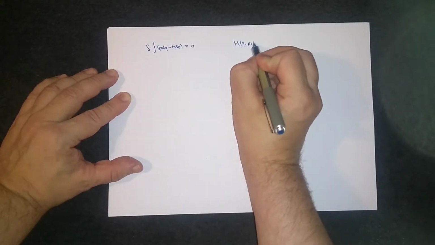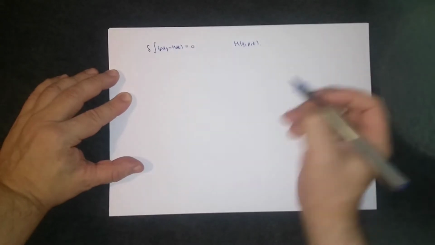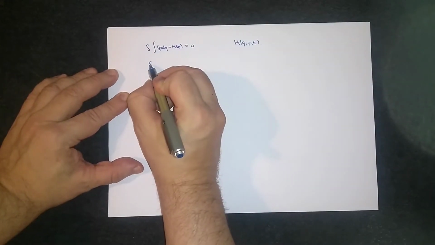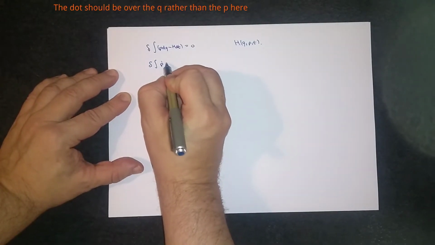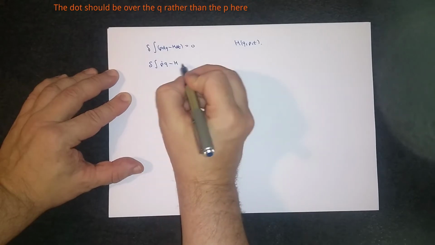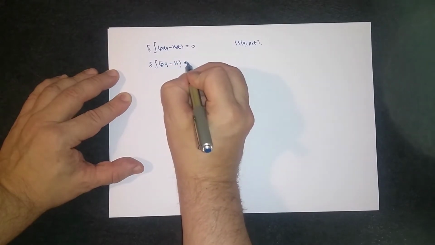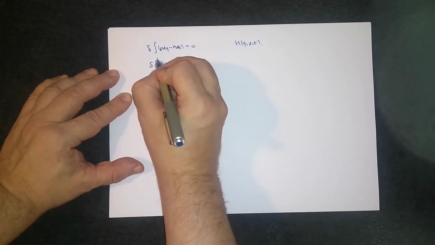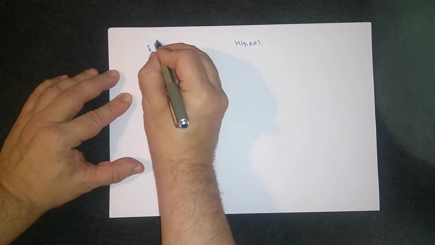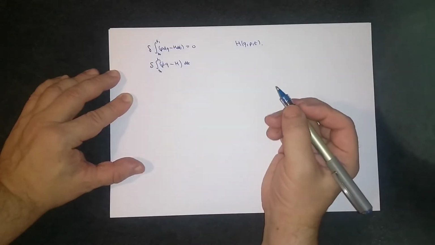q, p, and t. So to show this, delta the integral of p dot q minus h dt will have it going from time t0 to t1 in both cases.